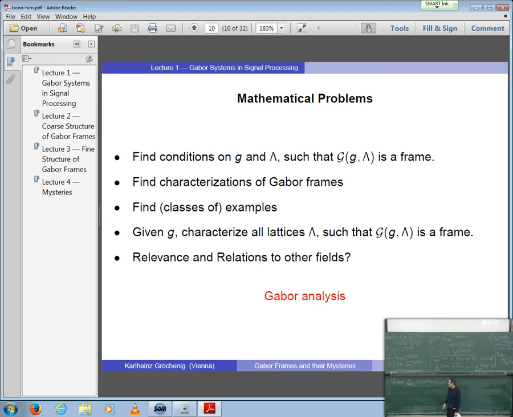So, one more observation. This is how I defined the adjoint lattice. It's the integer lattice linearly transformed by A transpose inverse and by the symplectic matrix.